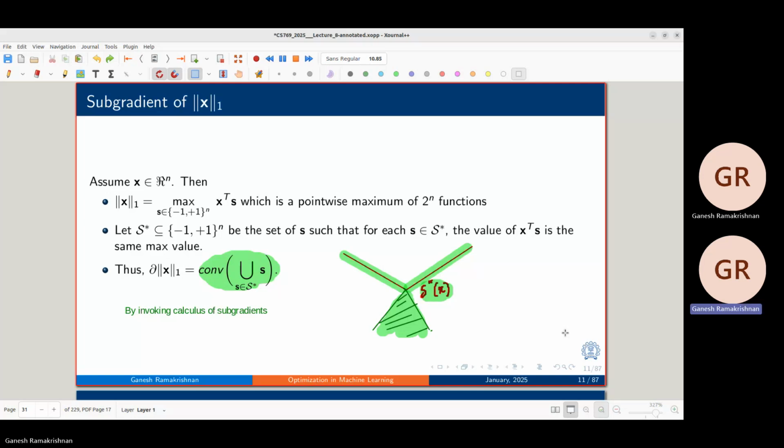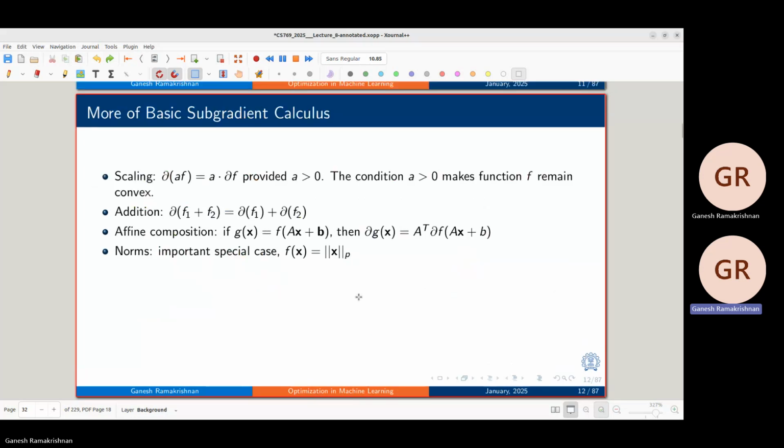So if you're done with this, let's look at the more ambitious project for us, the special case, the P norm. I said the P norm has a very interesting connection with the Cauchy-Schwarz inequality and the subdifferential for the P norm. Why are we interested in a generalization of the Cauchy-Schwarz inequality? Because it will give us a subdifferential of the P norm. The one norm use case is a simple use case.